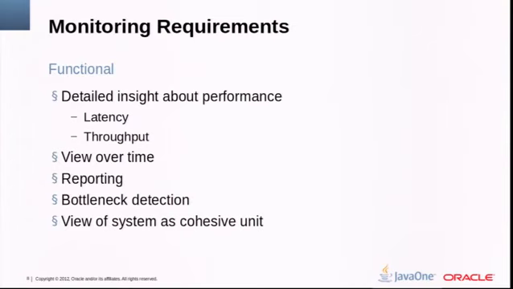Some of the nice-to-have features are reporting. We'd like to share the resulting reports with our colleagues, management, and customers. It would be nice to have bottleneck detection so that we can tune certain parts of our application proactively. And finally, we'd like to get a view of the system as a cohesive unit.